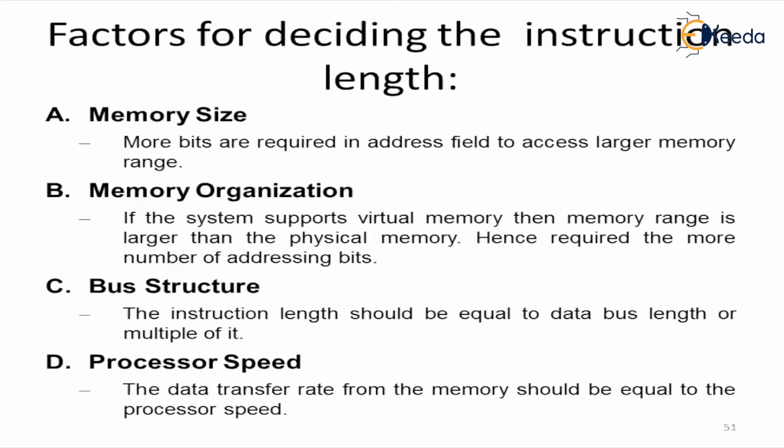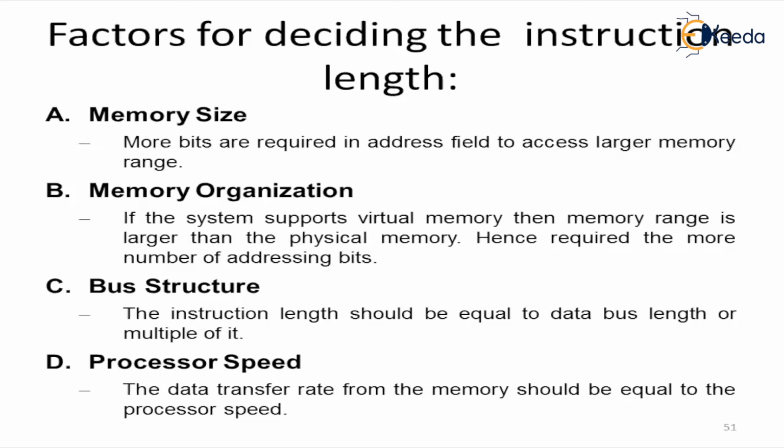If the system supports virtual memory, then the memory range is larger than the physical memory. So it depends. If your system is supporting some external devices also, then definitely the possibility of dynamic memory increases, because your system memory is considered to be a static memory. Hence, more address bits are required to be stored in the system.